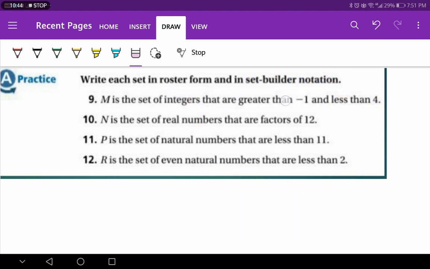Let me take one more example. I know my students know that, I'm sure about this, but it is for the other students. Let us take 11. I will write it first in roster form. What did we say about roster form? Translate from words to numbers. So B is the set of natural numbers that are less than 11.